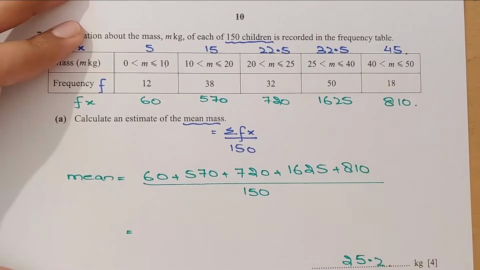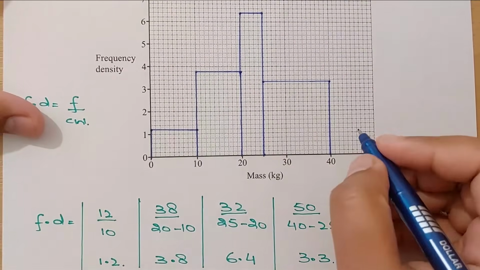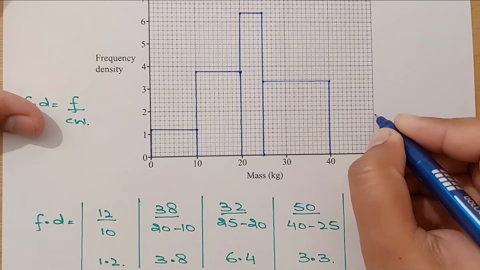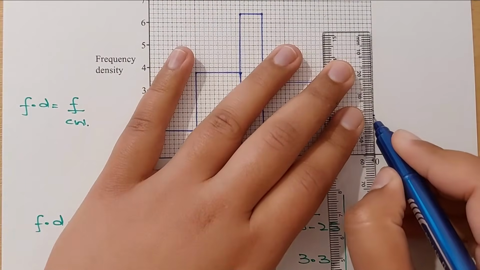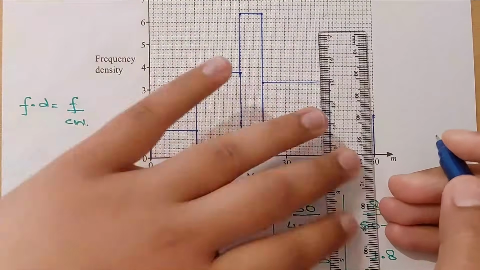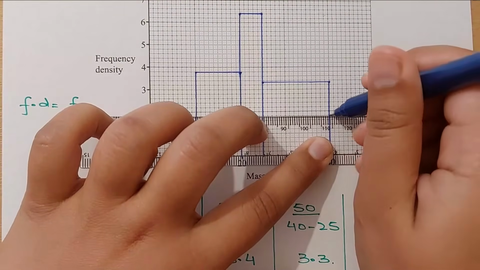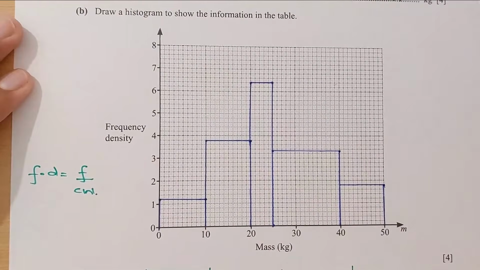Right, and the last interval is between 40 to 50 and its frequency density is 1.8. 40 to 50, 1.8. We have 1, 1.2, 1.4, 1.6, 1.8. Right. So we have completed the histogram.